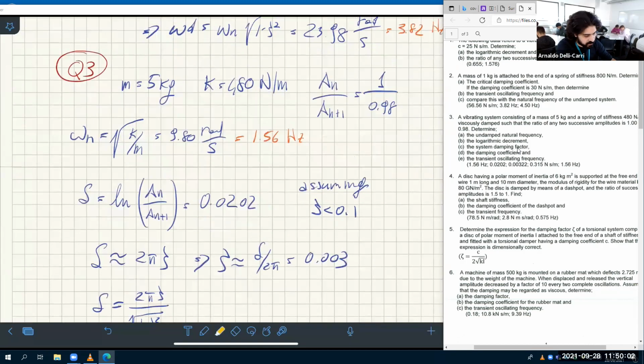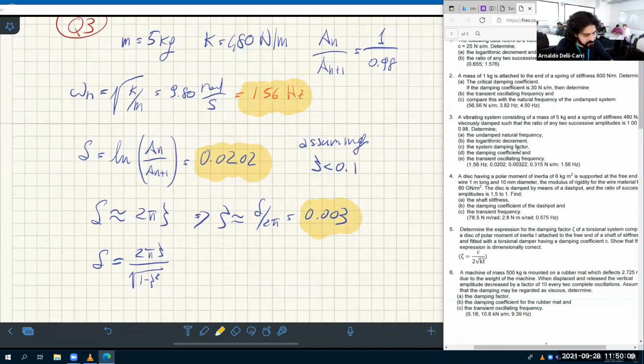So let me highlight what we found. We found omega n, we found delta, we found zeta. Damping coefficient. How do we find the damping coefficient now? What's the symbol? C. How do we find C?